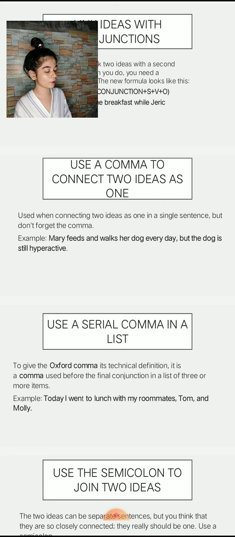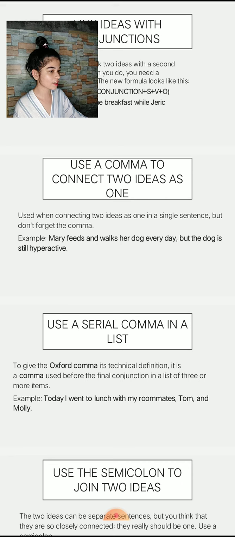So, understandable naman. When we have two ideas which cannot be made into just one sentence, we should use a comma in the sentence. For example, Mary feeds and walks her dog every day, comma, but the dog is still hyperactive.